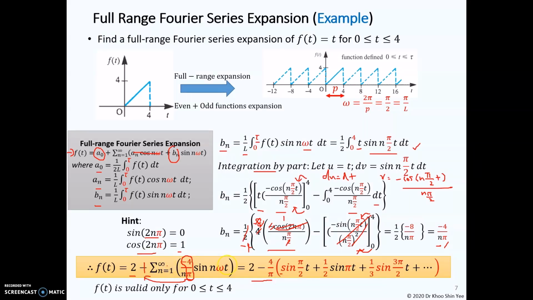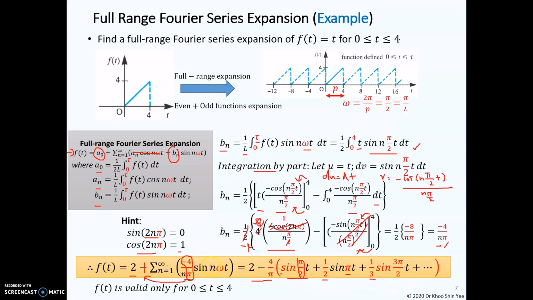Substitute n equal to 1 inside, you obtain this, which is sine pi over 2, where pi over 2 is the omega. So n is 1. And then you continue substitute n equal to 2 inside this term, you obtain 1 over 2. And then 2 multiplied with pi over 2, you obtain pi. And then substitute 3 inside, you obtain 1 over 3.